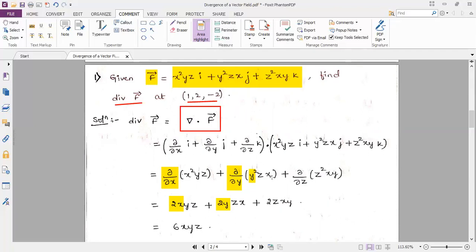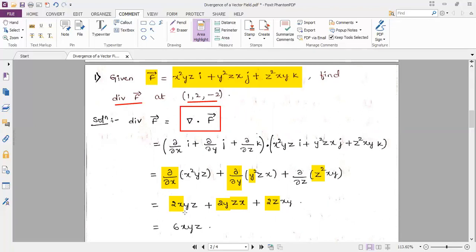Z and x are constants with respect to y, so we write them as it is. Last term is the partial differentiation of z square with respect to z. Z square differentiation is 2z. X and y are constants, so writing them as it is.